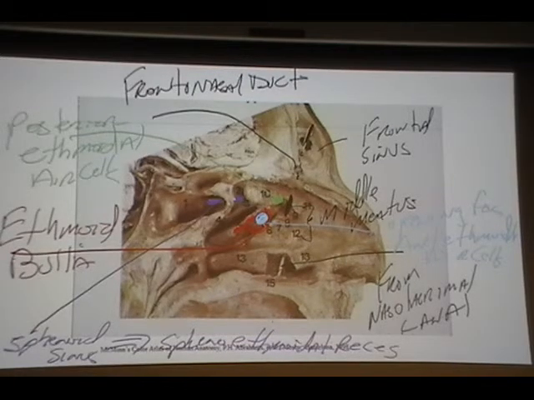Now, below that bulla, it's a ball, okay? So below it, it's a curvilinear type of shape. If we look at that here, you see that there's a curvilinear slit underneath the bulla.